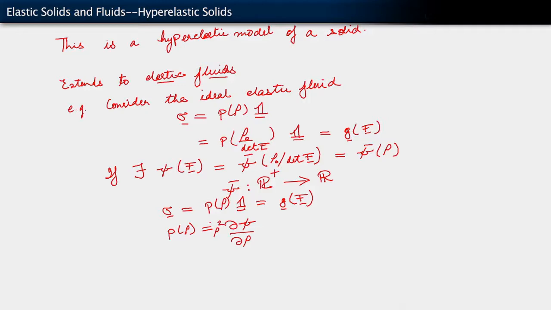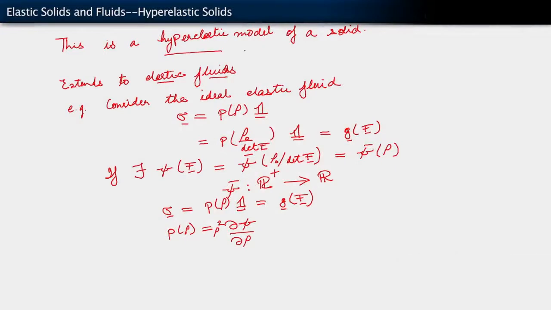So this sort of a result can be shown. This notion of a hyperelastic solid can be extended to a fluid.